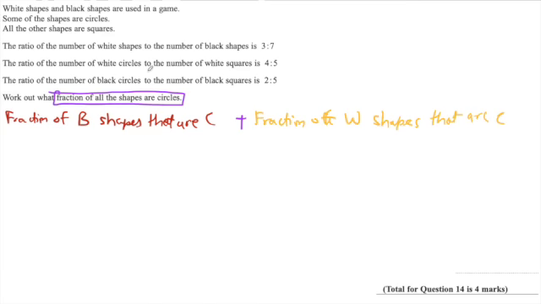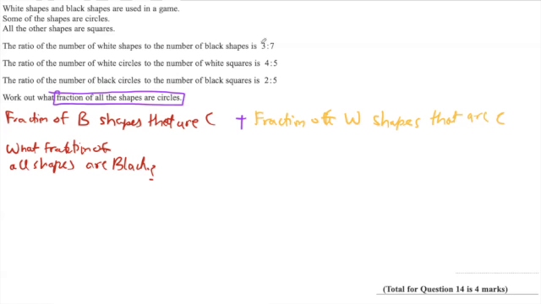We know that white shapes to black shapes is 3:7, right? So what is the fraction of black shapes to all shapes? So what fraction of all shapes are black?